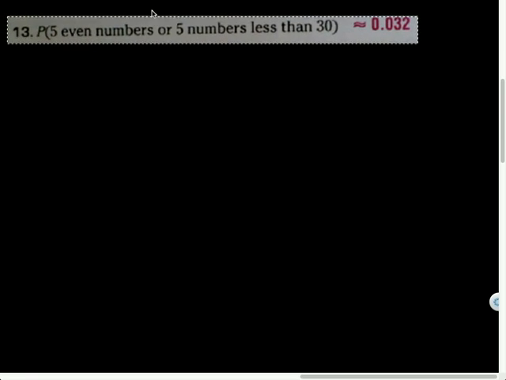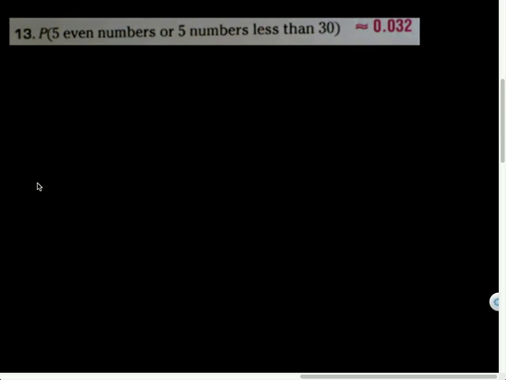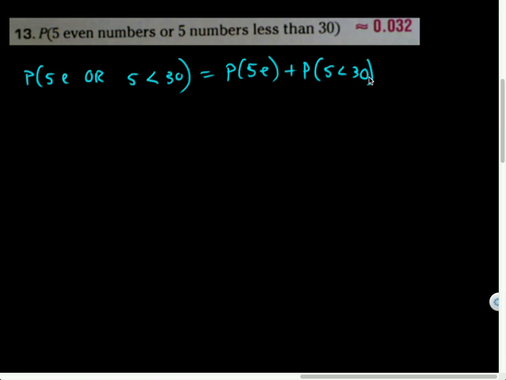Let's see. So, even numbers. Well, P of 5 even or 5 less than 30 is going to be the same as the probability of 5 even plus the probability of 5 less than 30 minus the probability of both, because there is overlap.